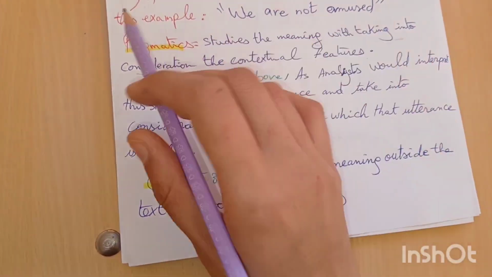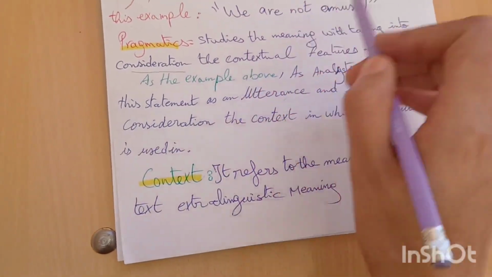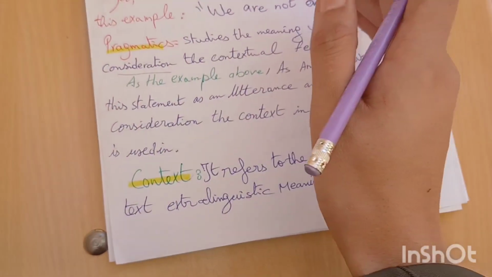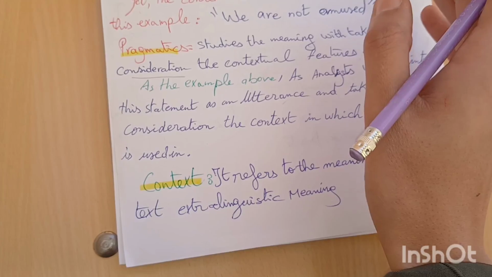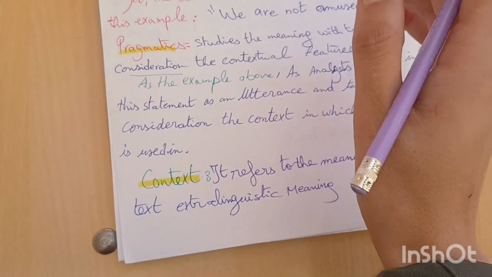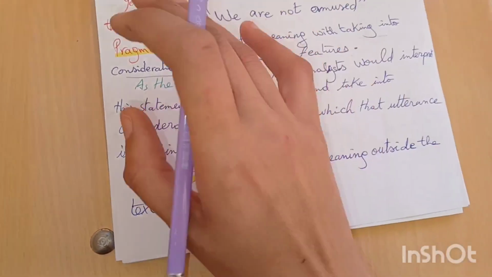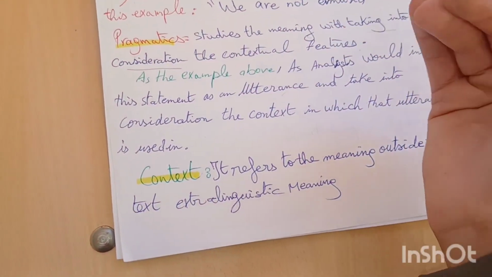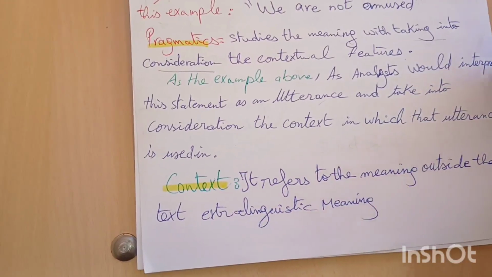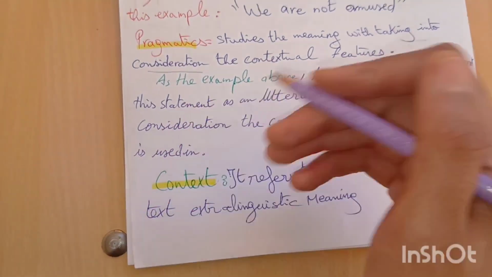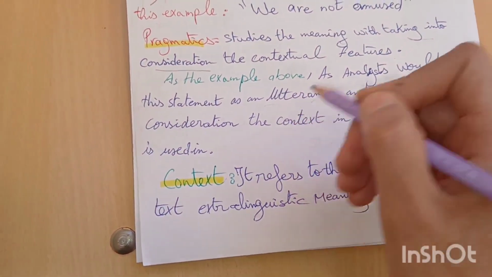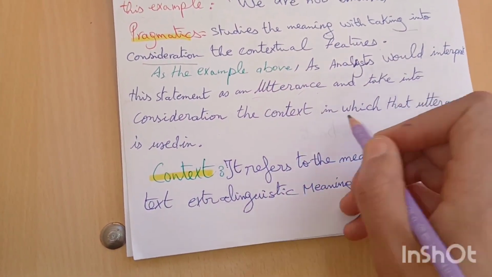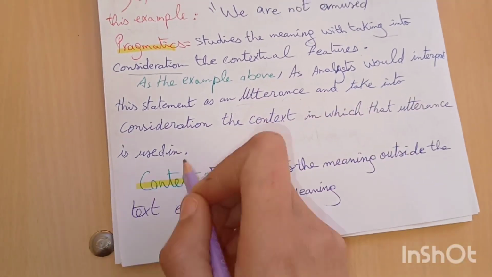This is the example: We are not amused. At the first moment, you say it's a person that is not feeling fun in that place or something. So analysts would interpret this meaning as an utterance, as we said, and take into consideration the context in which that utterance is used.